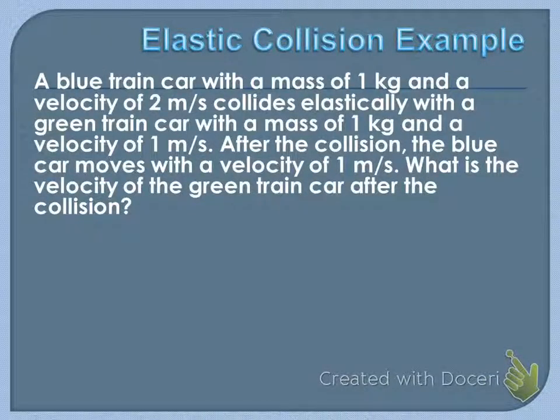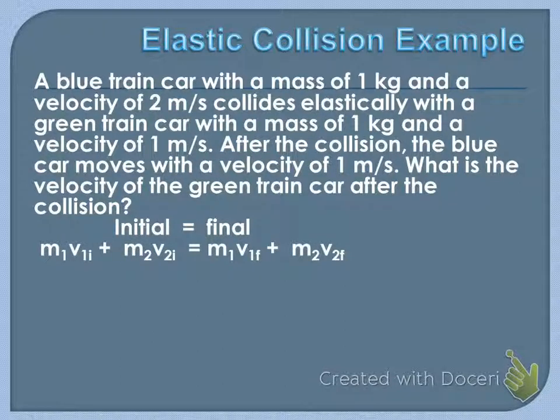All right. Now, how do we go about looking at that mathematically? So we've got a blue train car with a mass of 1 kilogram and a velocity of 2 meters per second. This is exactly the scenario that we just had. So we want to see what happens. How would we calculate the velocity of the green train car after the collision? On the previous slide, it just gave you the velocity, but if I asked you on the test or the quiz and you needed to calculate it, then you would need to use this formula. And remember, this formula looks more scary than it really is.